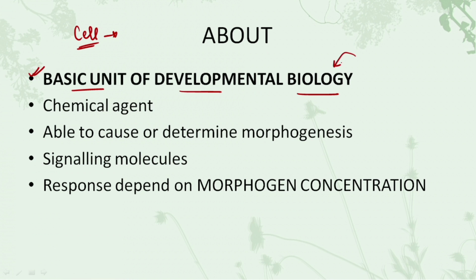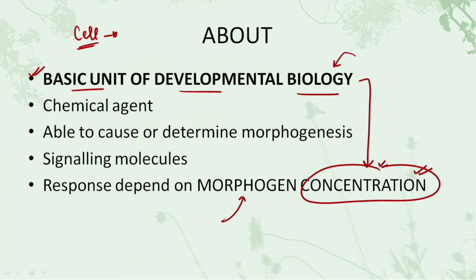That means the complete developmental biology is working on the basis of the morphogens, and on the morphogen concentration, not on the morphogen but its concentration. That is the complete work in developmental biology. All the processes that occur depend upon the morphogen concentration.